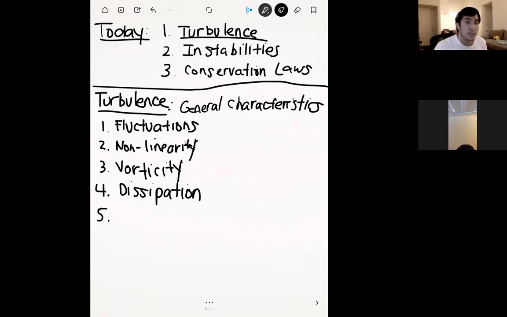That's because you have these very tiny flow structures that make it very easy for the flow to dissipate. So what we talked about before is that if you want to have a turbulent flow and sustain it, to offset this dissipation of kinetic energy, you need to keep supplying it with some kind of mechanical energy. So you need some kind of pump or some kind of atmospheric forcing to overcome this dissipation.